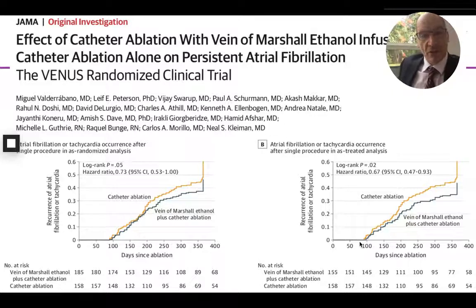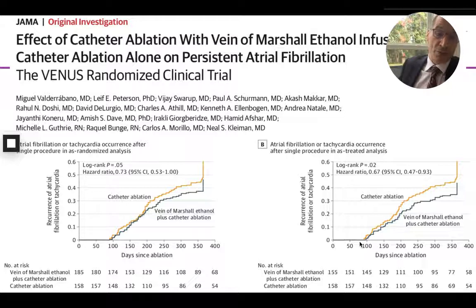These are the results, either as-randomized or as-treated analysis. The Vein of Marshall led to a reduction in recurrences. Looking at atrial fibrillation or tachycardia occurrence after a single procedure in the as-randomized analysis, the hazard ratio was 0.73. The confidence interval was 0.999, but JAMA only lets you round to 2 decimals, so it shows up as 1.